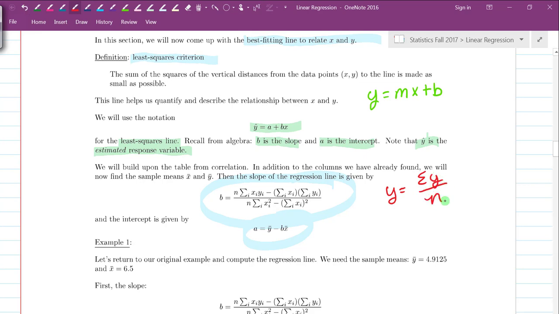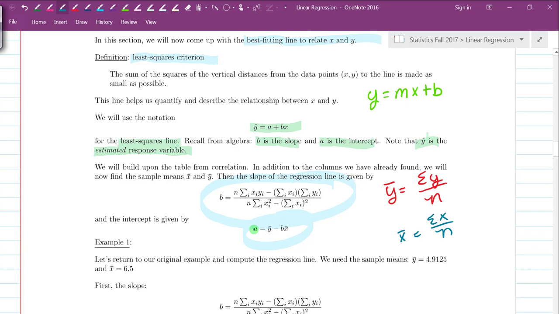That's all y bar is. And then we would have x bar, which is equal to the summation of x divided by n, just like we would do any other average. And we would use those right here to calculate our intercept.